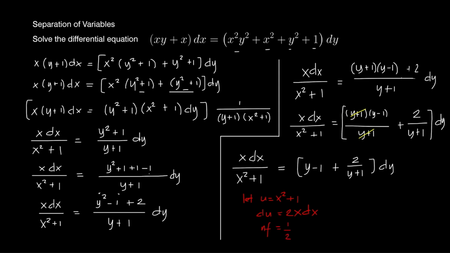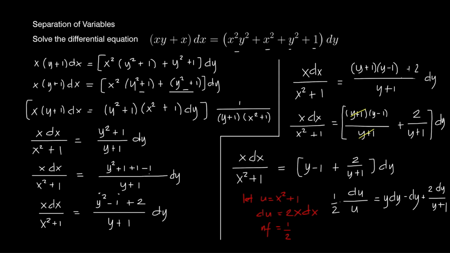So 1 half of du over u equals, on the right, this can be written as y dy minus dy plus 2 dy over y plus 1.